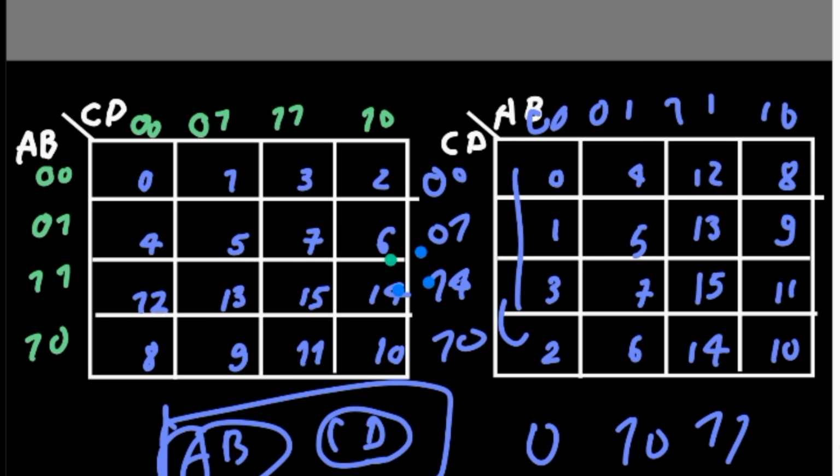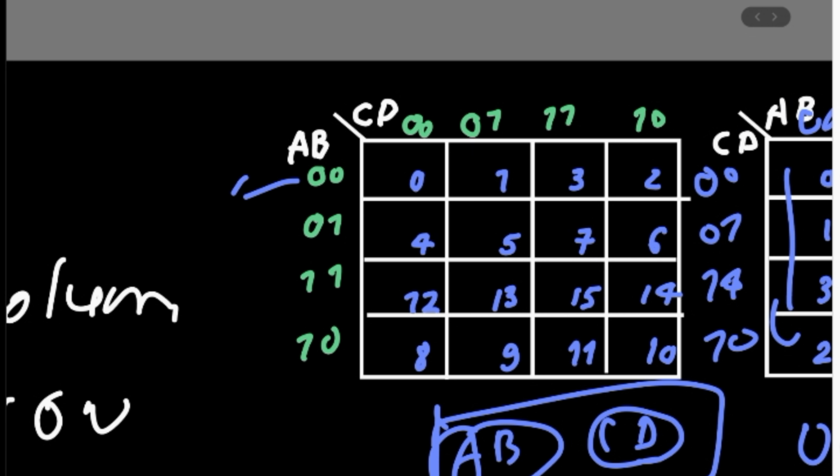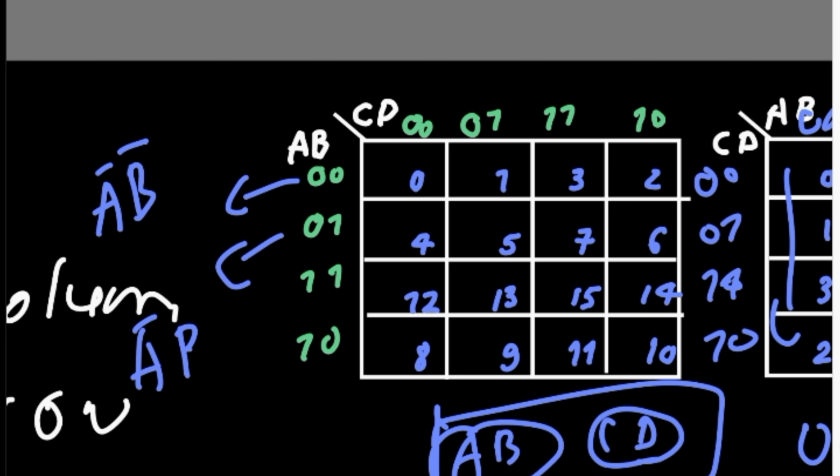Before we move on, I want to explain what this numbering really is. When we say 0 and 0, we are saying A complement, B complement. When we say 0 and 1, we are saying A complement, B. 1 represents positive and 0 represents negative. So when you say 1 and 1, we are saying A and B, positive and positive.